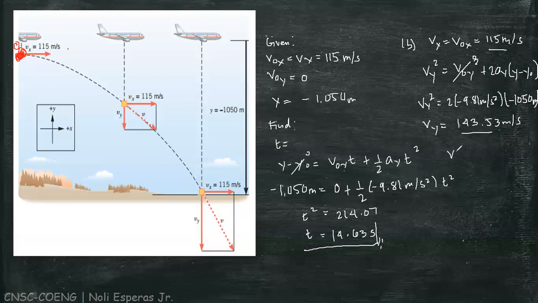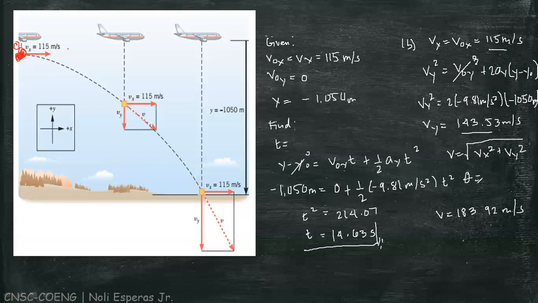So using this information we have for Vy and Vx, we can solve now for the final magnitude using Pythagorean theorem, which is equal to square root of Vx squared plus Vy squared. So substitute the value, then we can solve for V, which is equal now to 183.92 meter per second.